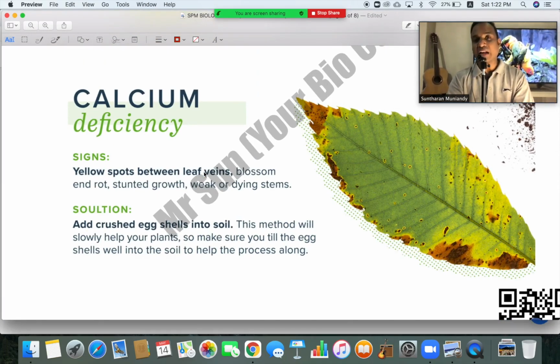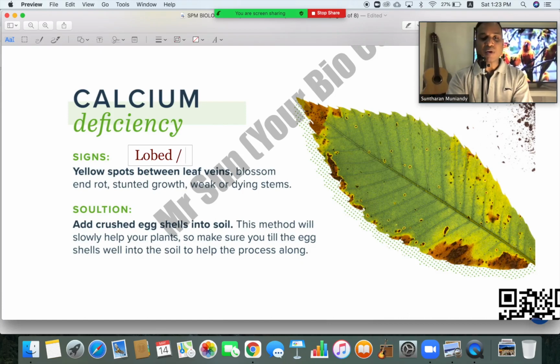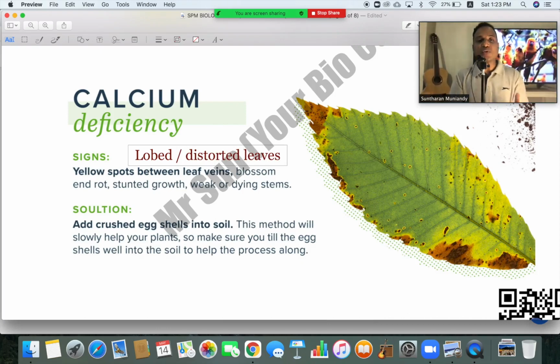If the plant does not have enough calcium, it will have yellow spots between the leaf veins. Please also remember that the leaves will become lobed. They have lobed, distorted leaves. Calcium deficiency also causes the leaf to become lobed or distorted.